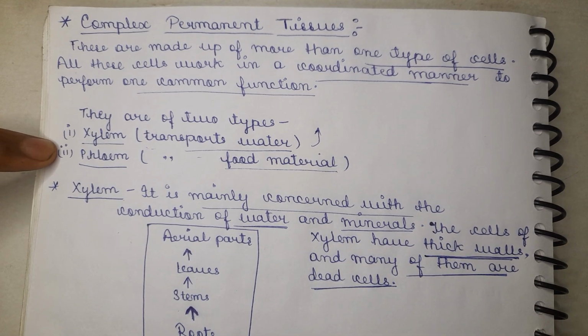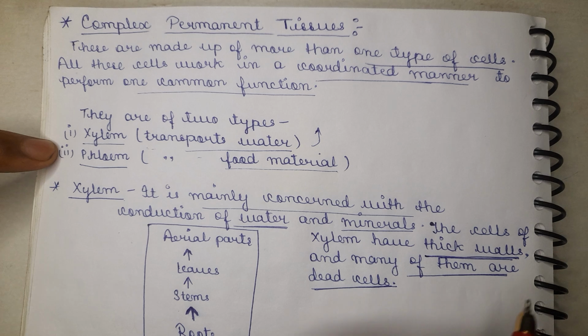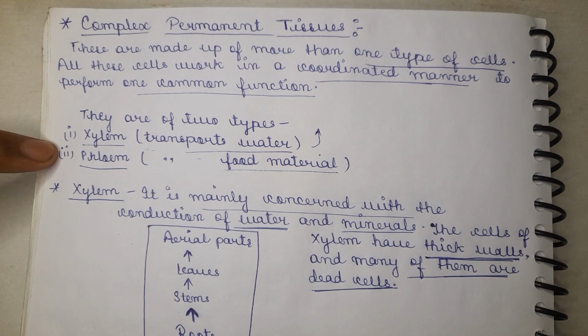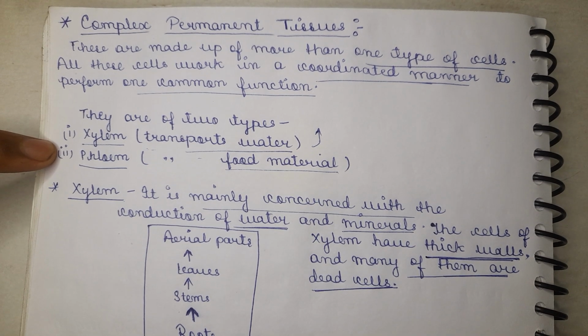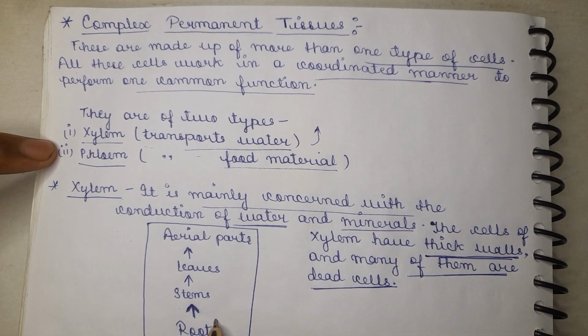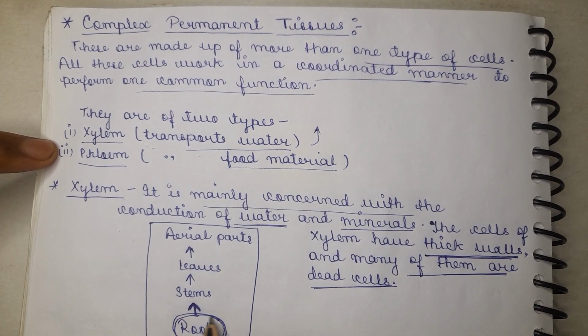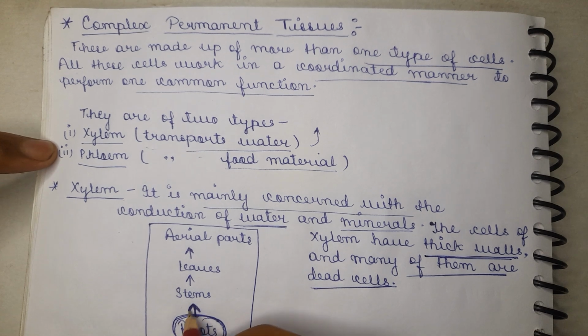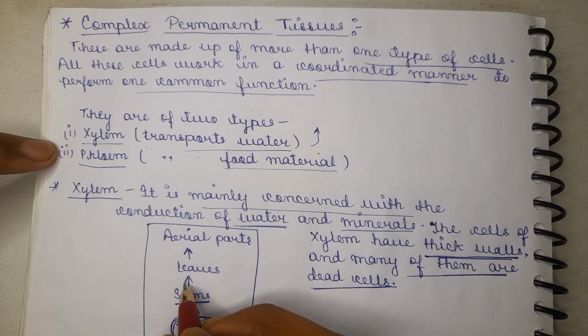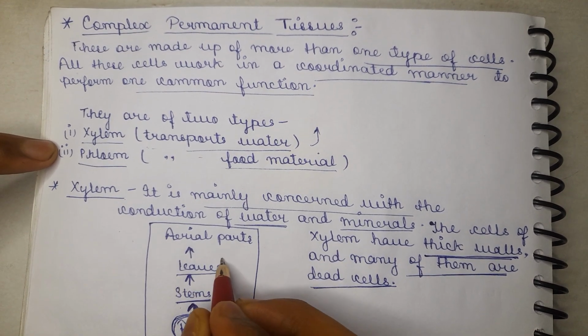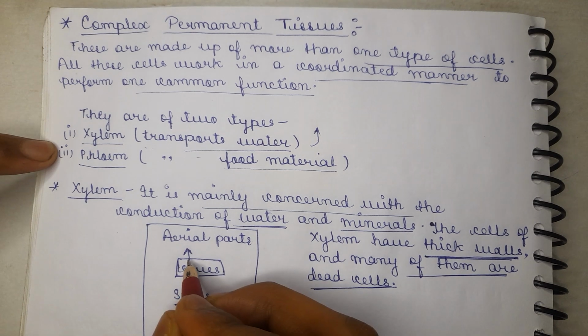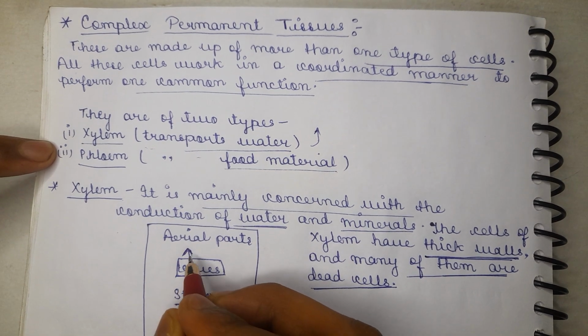Now, from where to where does the xylem tissue transport water? From the root of the plant to the stem, through the stem to the leaves of the plant, and from the leaves to the other aerial parts of the plant.